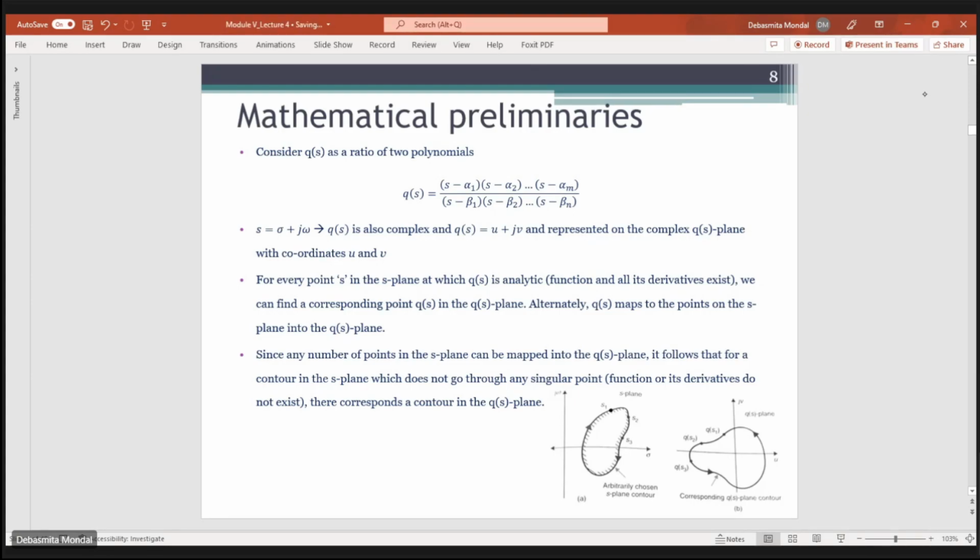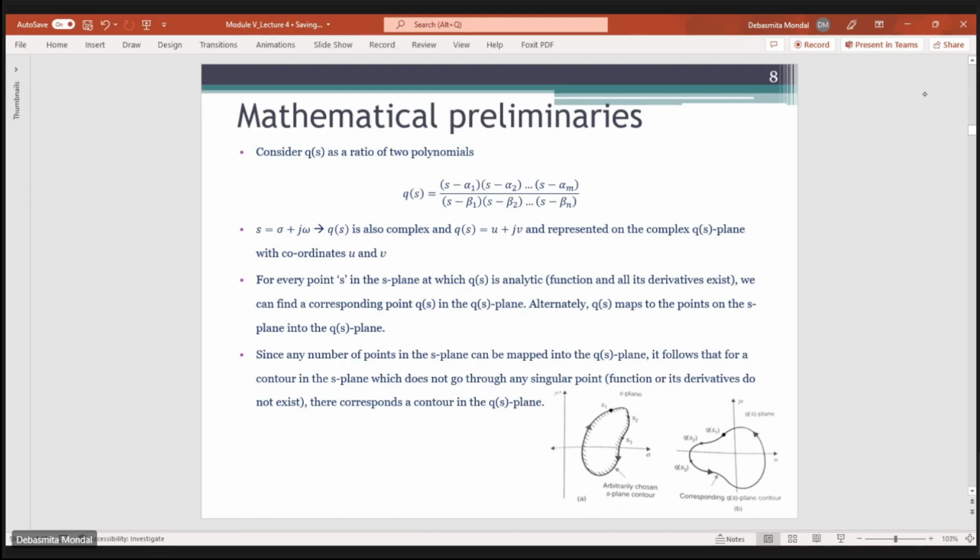If you substitute this value of S1 in QS, you will get a value of QS in terms of, let's say, U1 plus JV1. Let us say that the corresponding value is over here. So the value S1 in the S plane maps onto the QS plane as a value, let's say QS1.